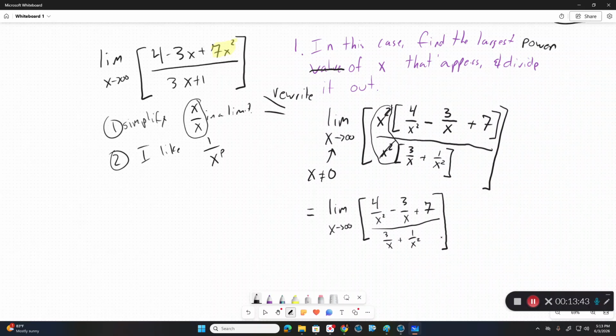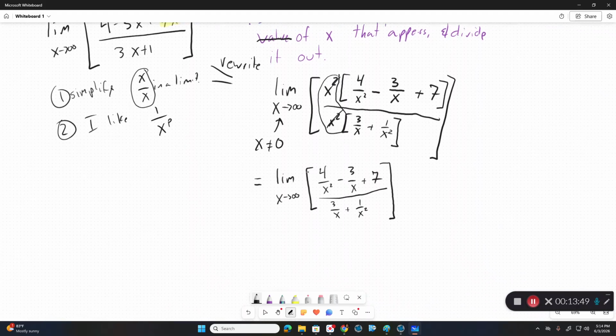We can start tackling this issue on its own. Now, once we've written it like that, we're going to distribute this limit top and bottom.